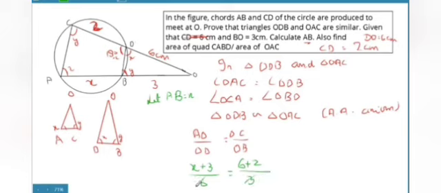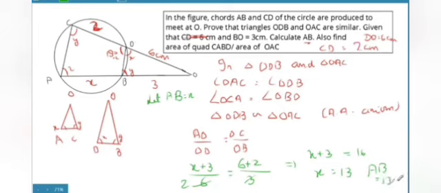Now we can cancel this out. Here I can write 2, and cross multiplying I will get X plus 3. 2 is multiplied with 8, so you will get 16. So X will be equal to 13. So AB is 13 centimeters.